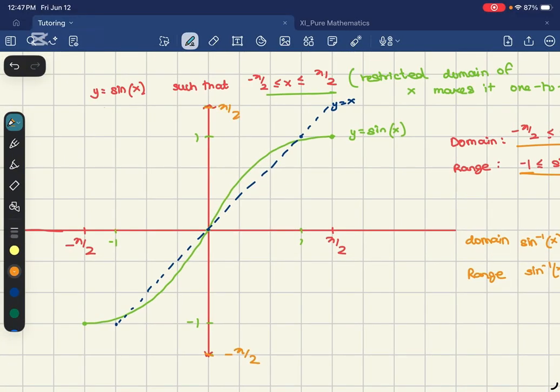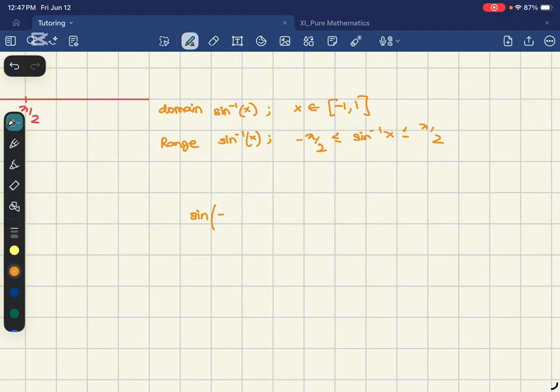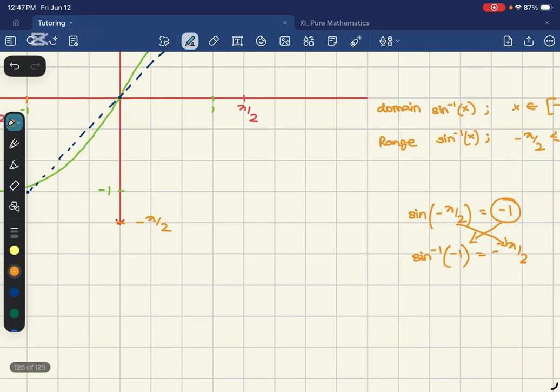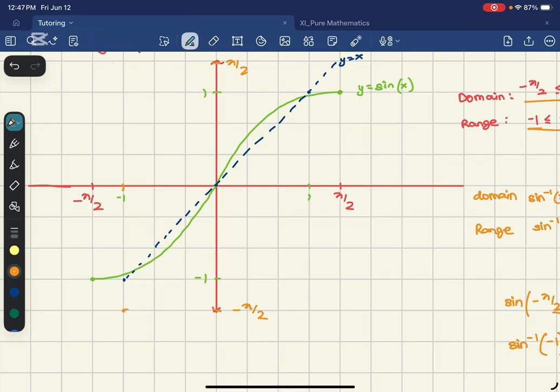If you remember, sine of -pi/2 is equal to -1, then sine inverse of -1, the inverse function, should give you -pi/2. Right? The inverse function takes your output as your input and gives your input as your output. All right, so at -1, you should be here.